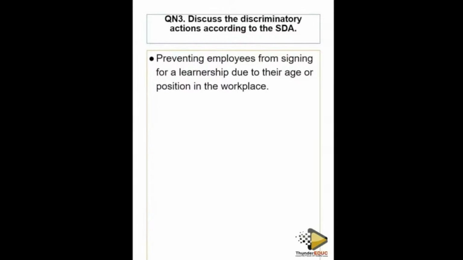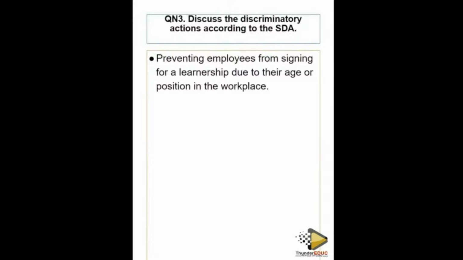But remember, here in South Africa, we have the range of economically active people that is being considered as between 15 and 64. So now, if someone's age falls within that interval, they qualify to take part in this Skill Development Act.